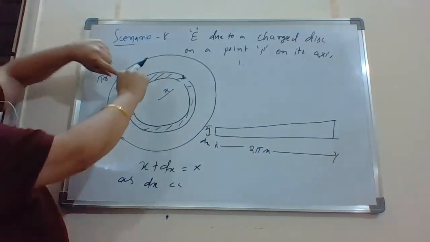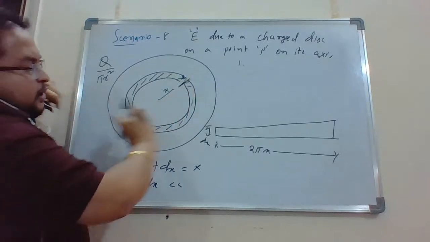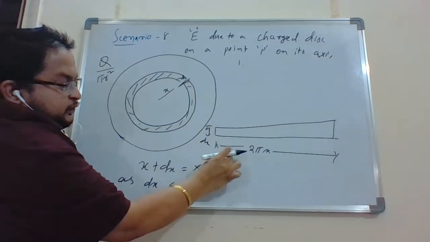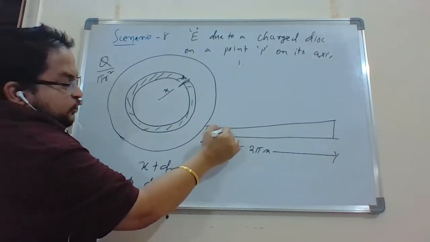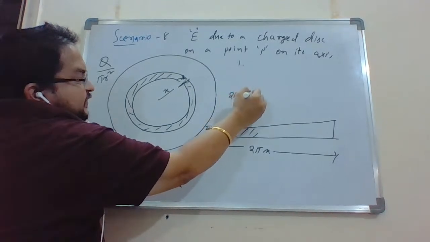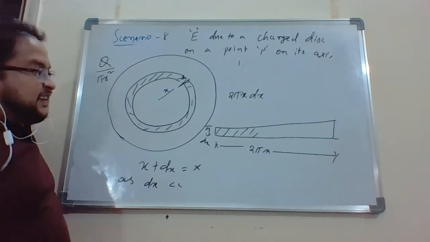I repeat, suppose I cut it from here and make it a straight ribbon, then this is 2 pi x and this is dx. So the area of this is obviously 2 pi x dx.